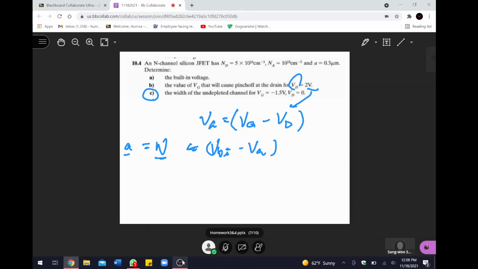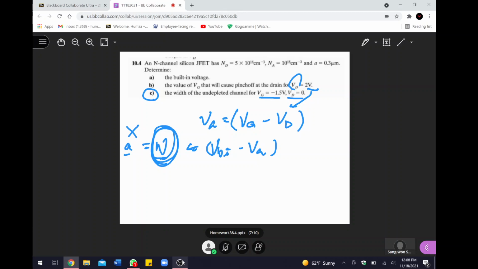Part C is now a general question. For this case, they didn't give this A in here. This one is asking how W, the depletion width, is going to change when you apply this bias.